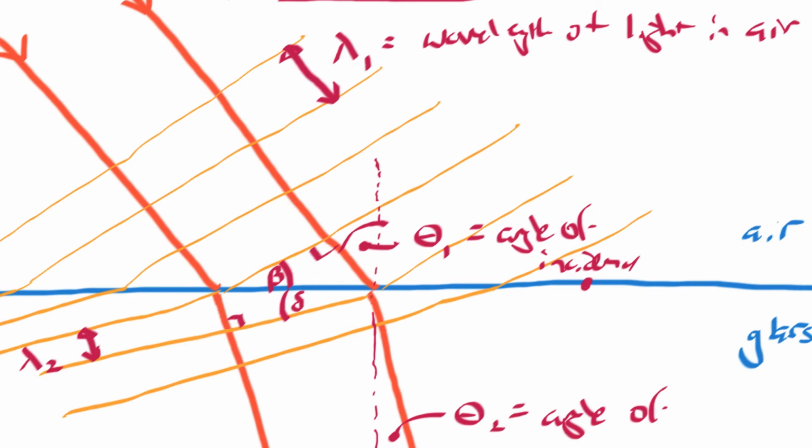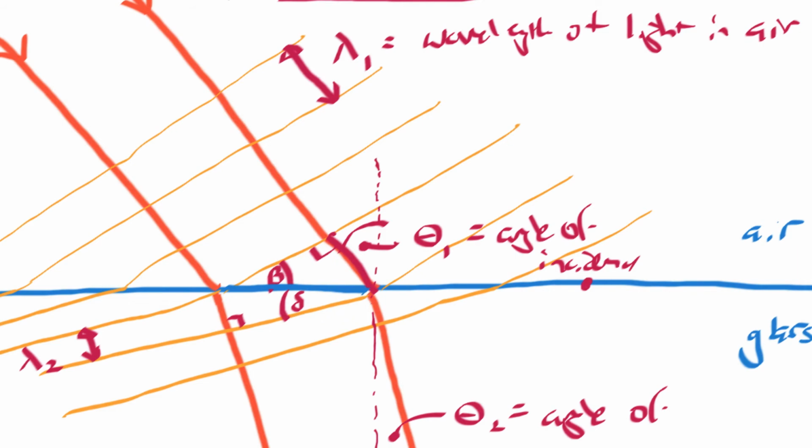Now notice that the sine of beta is going to be opposite over hypotenuse. Well, the opposite here is just the wavelength of the light in the air. So it's lambda 1, that's the opposite side. That's this length right here. That's the distance between two wavefronts, that's lambda 1, over the hypotenuse, and the hypotenuse is just this blue line segment right here.